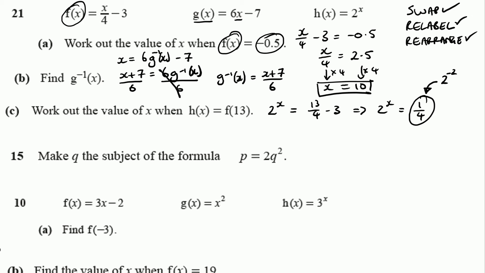So 1/4 or 0.25 is 2 to the power of minus 2. We're now asking if 2 to the power of x equals 2 to the power of minus 2, what's x? Well, 2 to the power of this equals 2 to the power of that, so this equals that. x equals minus 2.